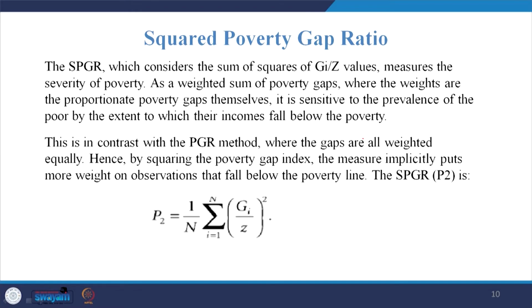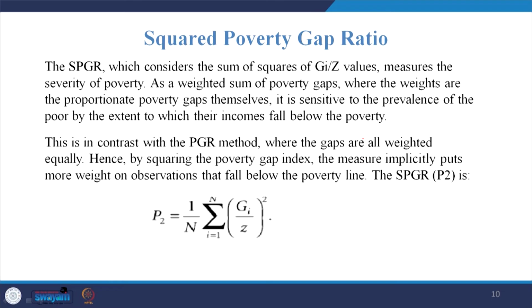Hence, by squaring the poverty gap index, the measure implicitly puts more weight on observations that fall far below the poverty line. So, when we measure the square poverty gap ratio, by squaring the gap, more weight is given to the observations that fall far below the poverty line.